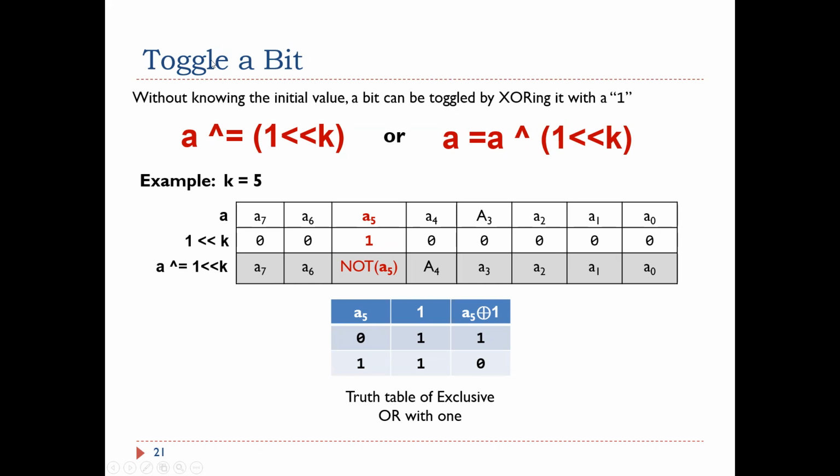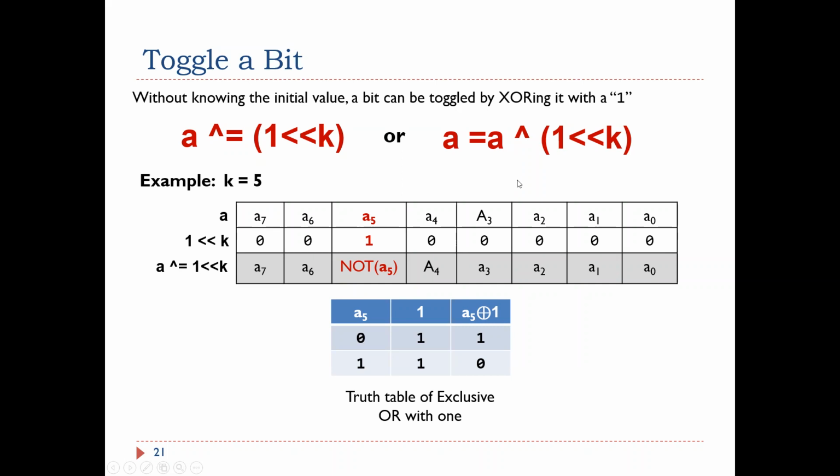Now, if A5 is 1, 1 XOR 1 becomes 0, so it will be 0 here. So we are also able to achieve the other case. Either if A5 equals 0 or 1, it doesn't matter. Ultimately, we'll be able to toggle A5 based on this filter.